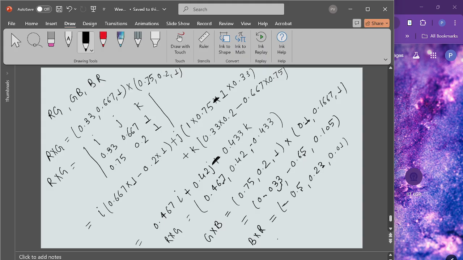Similarly, we have to calculate with W and Q also. For W and Q, you will get the values 0.1233, minus 0.0433 and minus 0.02667.